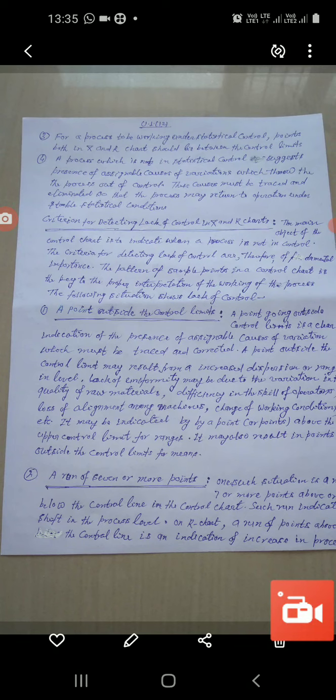Next point, for a process to be working under statistical control, points in both the X bar and R chart should lie between the control limits. And the next point is a process which is not in statistical control.